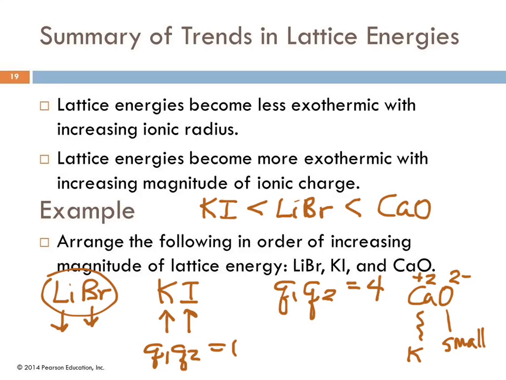Yes? If we were looking at a compound that had like 2 of one of the species in the binary ionic compound, like would it be K2O or something? Yeah, would the total charge still be 4? I think if we were doing that, Q1 is 1 for the potassium and Q2 is 2 for the oxygen, so it would be 2.